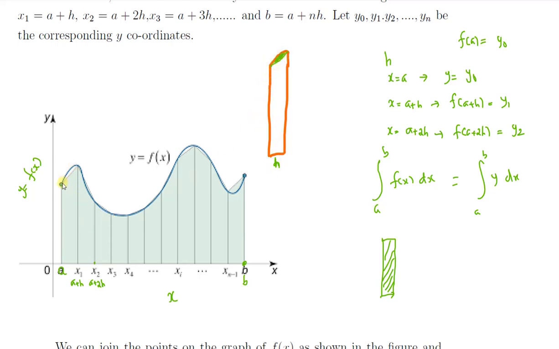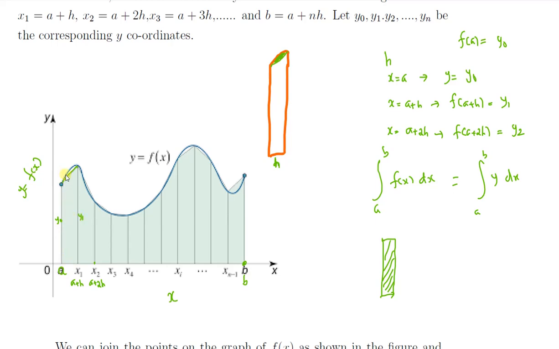So we can consider a trapezium like this. This side is having length y0 and this side is having length y1. Now if a and a plus h are very close, this y0 will be almost equal to y1.